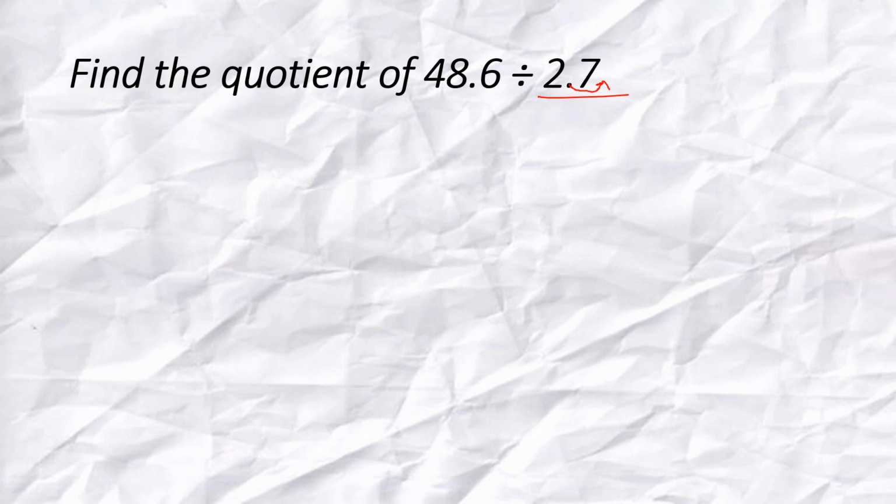From 2.7, it will now become 27. If you move a decimal point in your divisor, take note that you also have to move the decimal point in your dividend. So if we move one place to the right in your divisor, we also have to move one place to the right in your dividend.